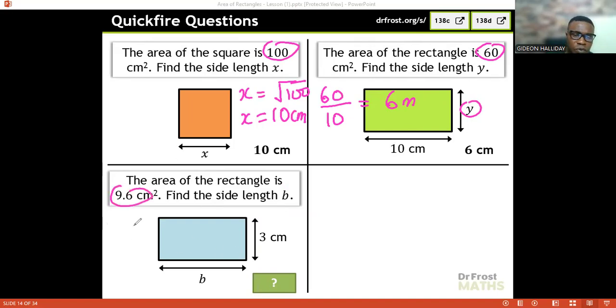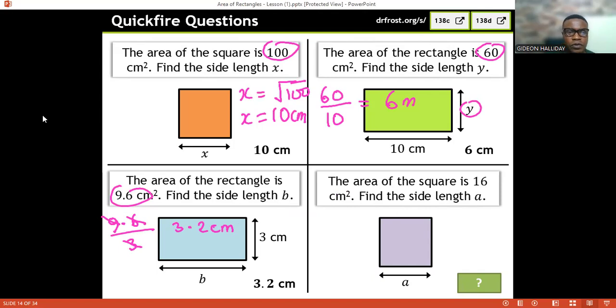You're doing 9.6 divided by 3. 3 into 9 is 3, 3 into 6 is 2. So 3.2 centimeters. If you don't know how I got that, we need to do division of decimals.